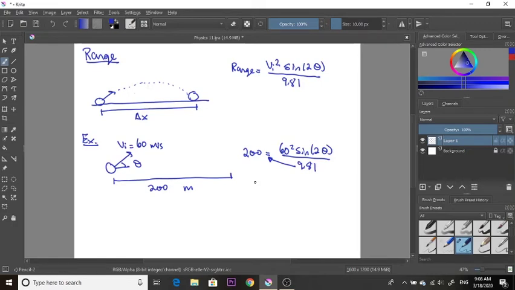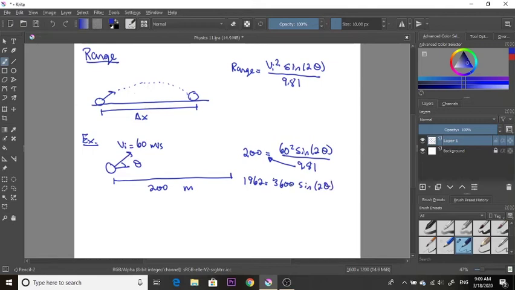So 9.81 times 200 is going to give me 1,962. Now 60 squared is going to give me 3,600 sine of 2 theta.